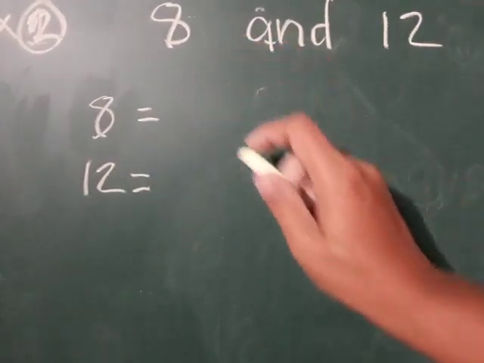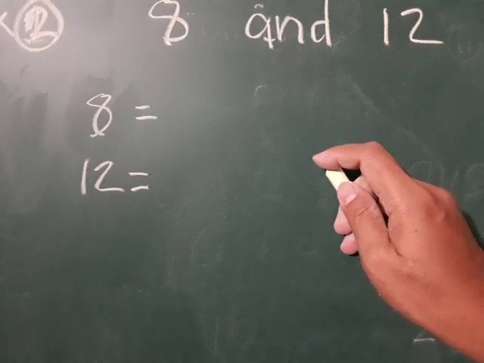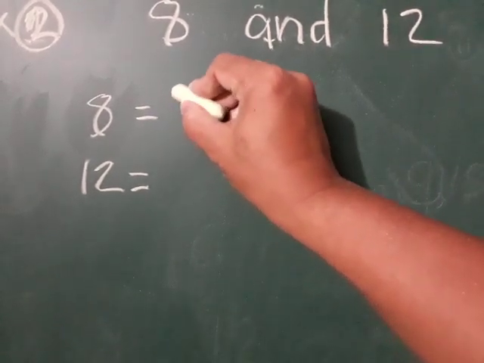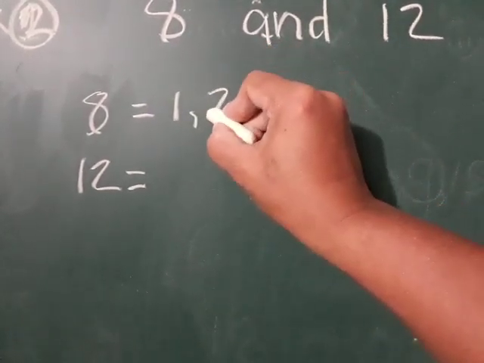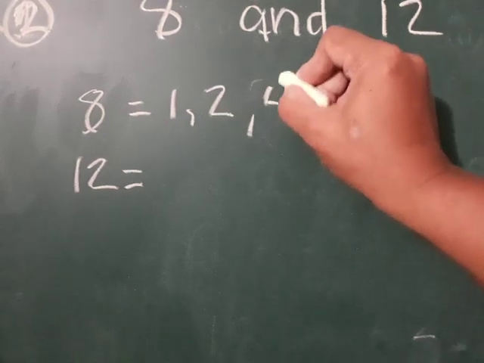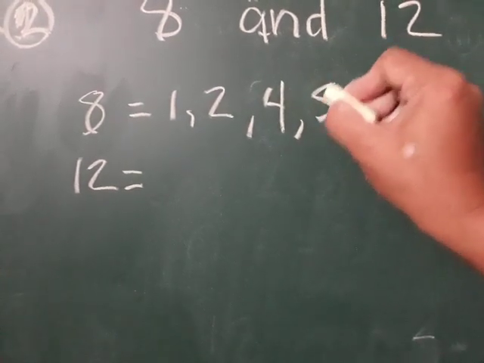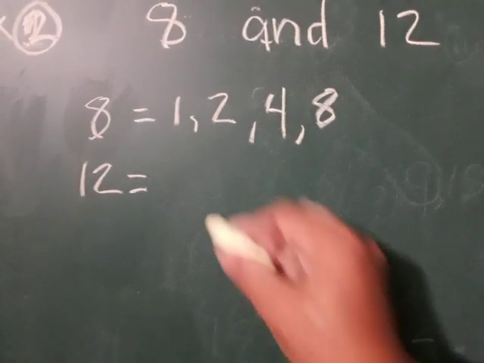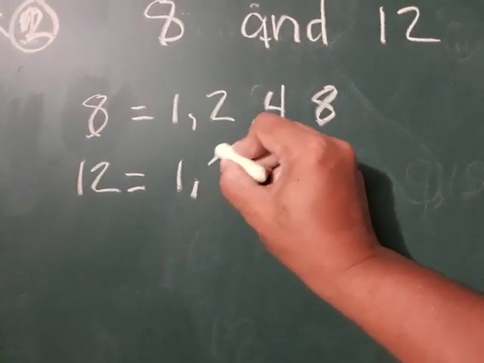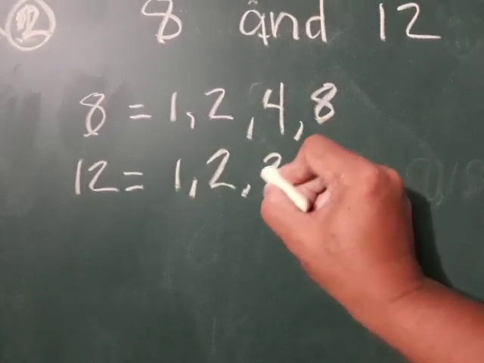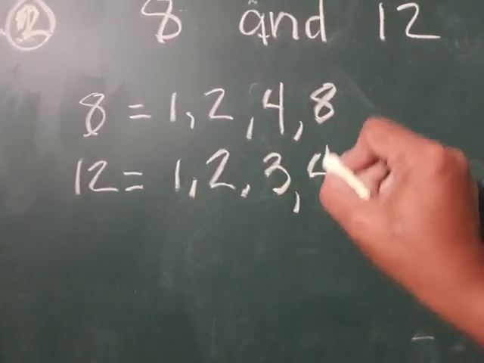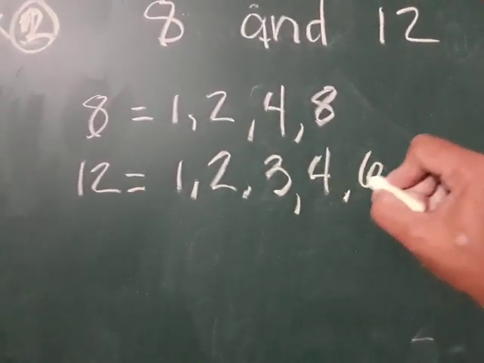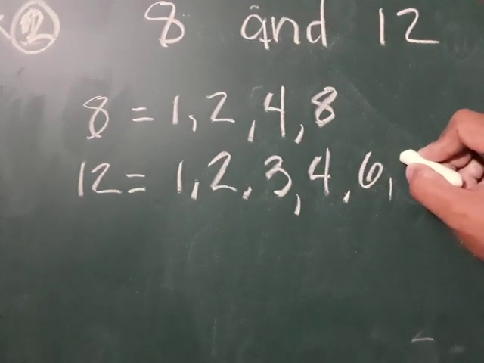Okay, so the factors of 8 are 1, 2, 4, and 8. And the factors of 12 are 1, 2, 3, 4, 6, and 12.